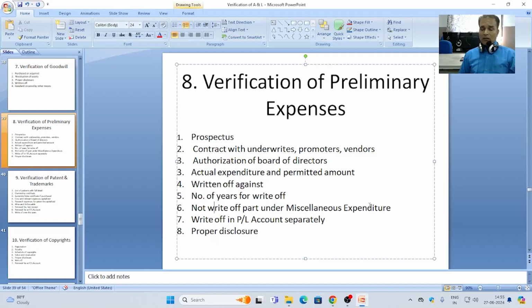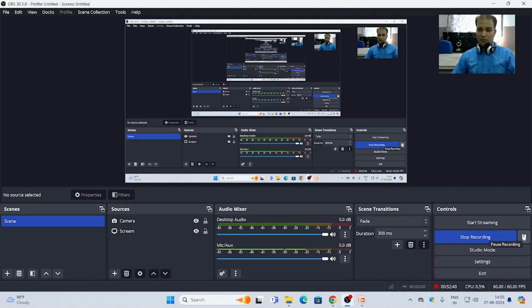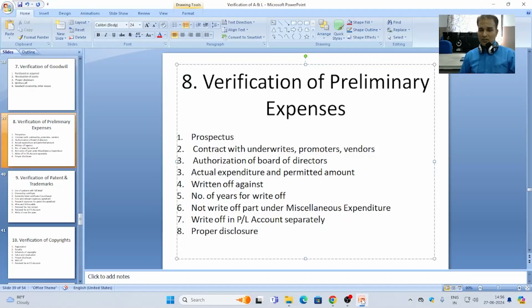If during the verification of preliminary expenses, the auditor finds that a part of preliminary expenses has not been written off yet, then he has to check that this unwritten-off amount will be shown in the balance sheet on the asset side under the head of miscellaneous expenditure.